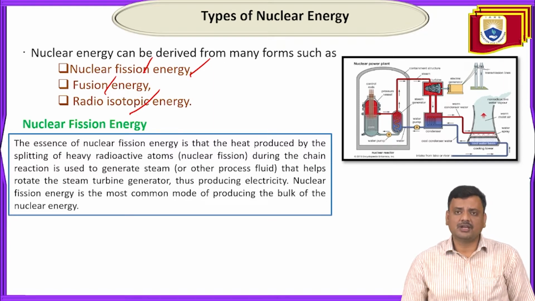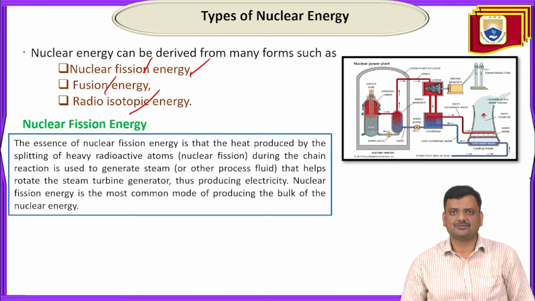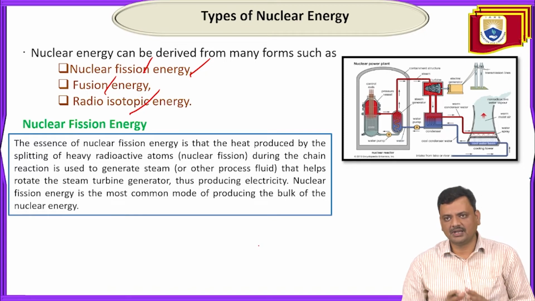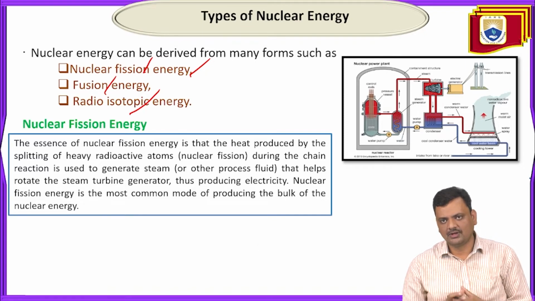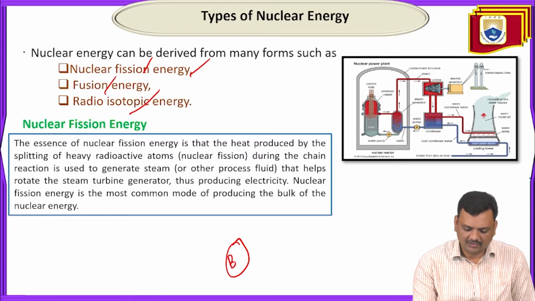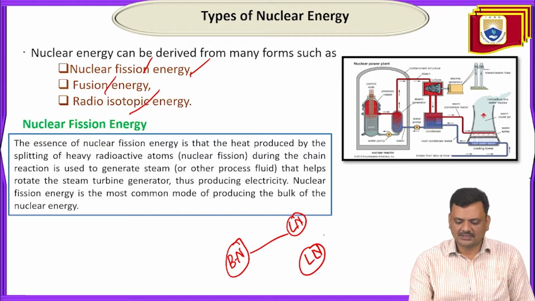I am going to explain briefly how fission energy, fusion energy, and radioisotopic energy work. I already told you that fission is the splitting of one bigger nucleus into two lighter nuclei. In that process, a lot of energy is released.